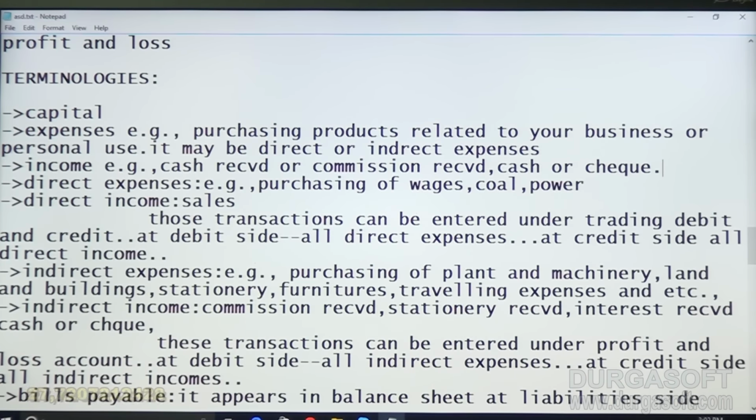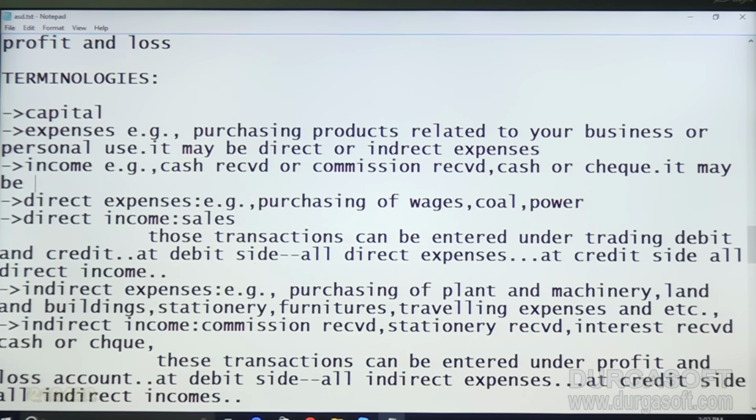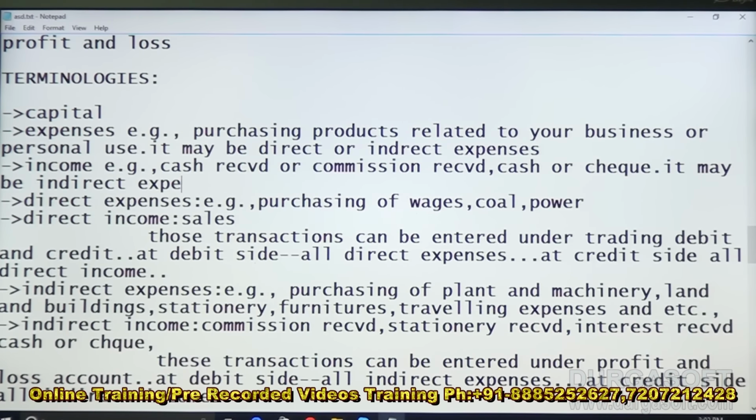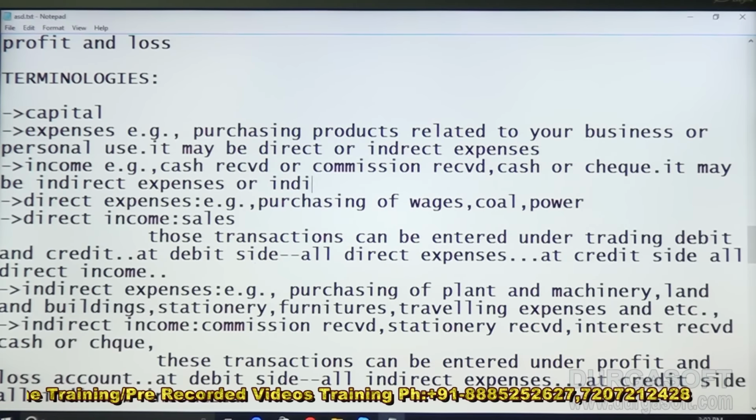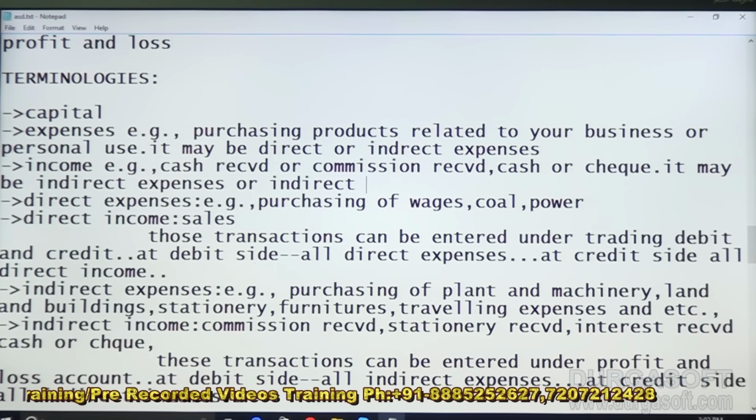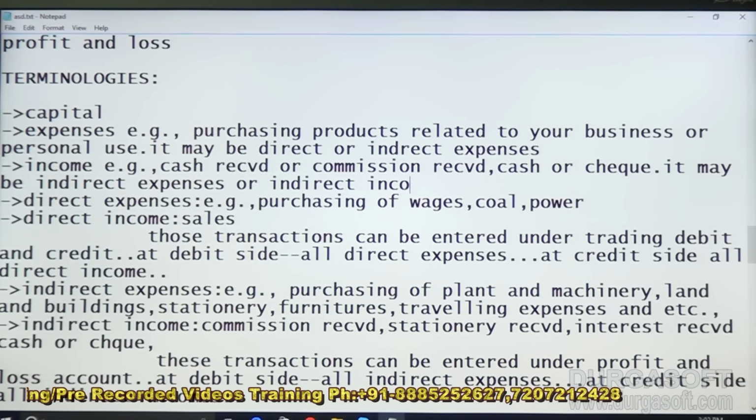And same way here also. Indirect expenses or indirect income.